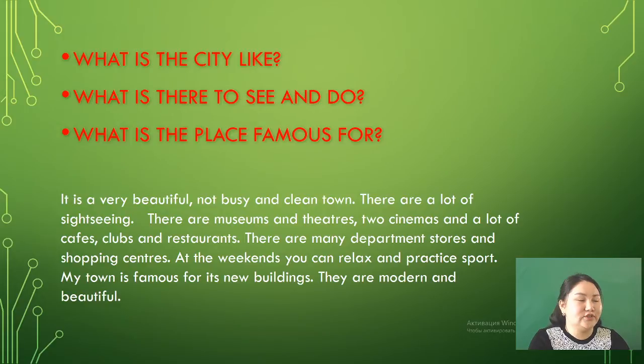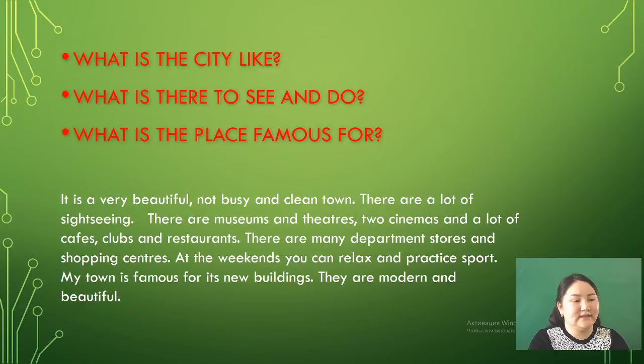Next question, what is a place famous for? There you can answer about the most popular place in your town. Like in the example, my town is famous for its new buildings.